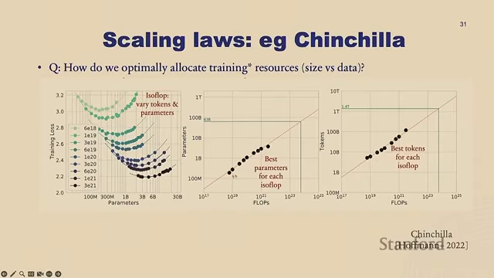So now I have something which tells me if I want to train a model of 10^23 flops, here's exactly the number of parameters that I should be using, 100B. And you can do the same thing with flops and tokens. So now you can predict, if I tell you exactly I have 1 month of compute, what size of model should I be training? Fit your scaling law, and I tell you.